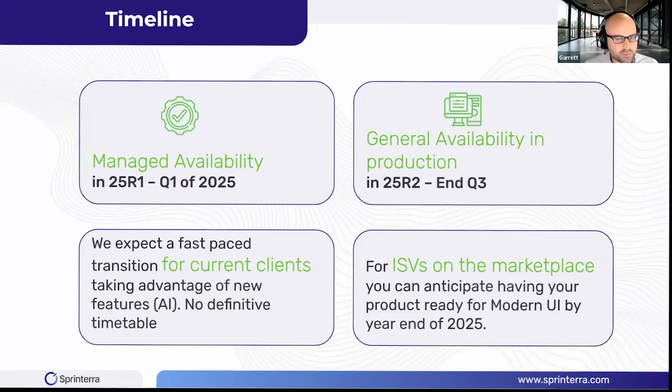It's been in beta probably for a year and a half. It's been in the works for probably around 5 years. So really, it's a huge deal that it is finally released and now out here in production in general availability in 25R2, which was just released around a week or so ago. So that's very fresh, but it's now generally available in production as well.